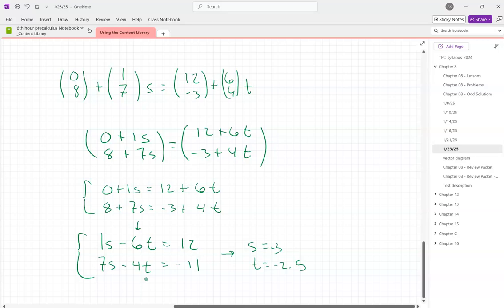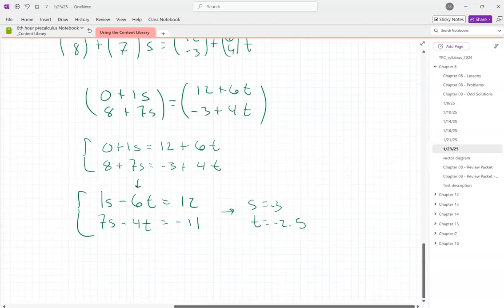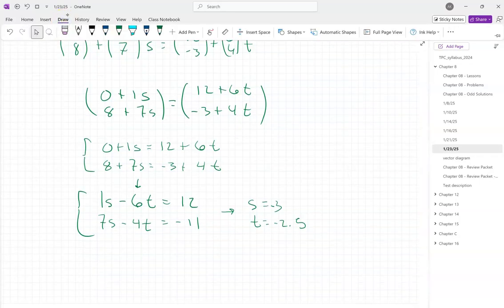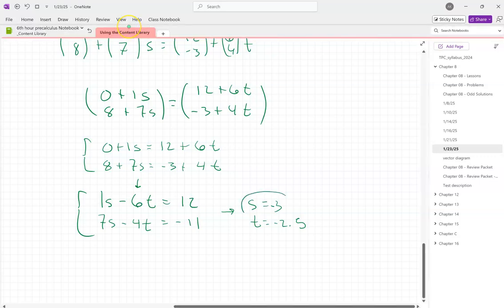Now, this is not your point of intersection. Your point of intersection is not -3, -2.5. To get our actual point of intersection, I'm going to pick one of these two. I'm going to pick S equals -3 because I'd rather not deal with the decimal.